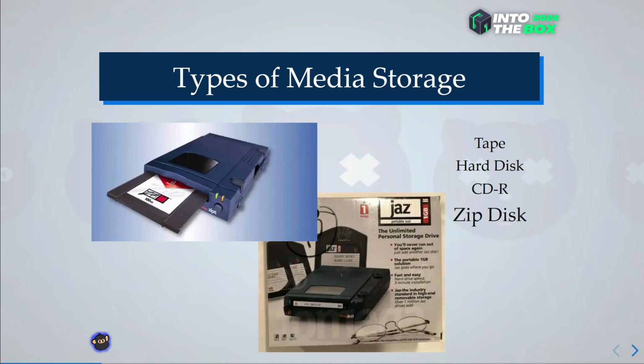The Iomega Zip drive. A disk could initially store about 100 megabytes of data, so quite a bit less than a CD, but it was reliable. It could be used multiple times.